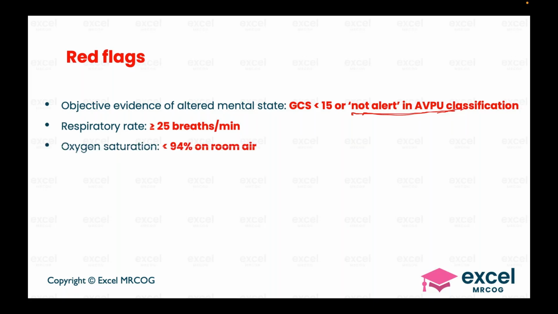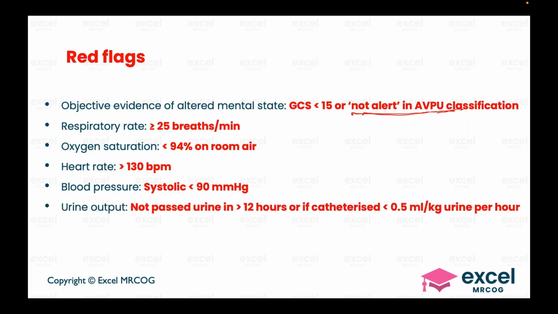Then respiratory rate more than 25, oxygen saturation less than 94 on room air, heart rate more than 130, systolic blood pressure less than 90, urine not passed in more than 12 hours, or if catheterized, the urine output is less than 0.5 ml per kg per hour.